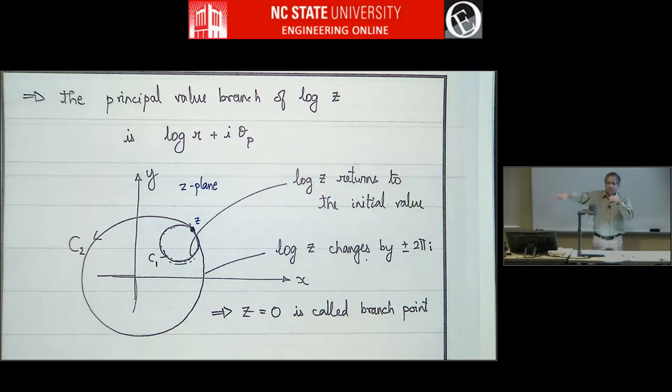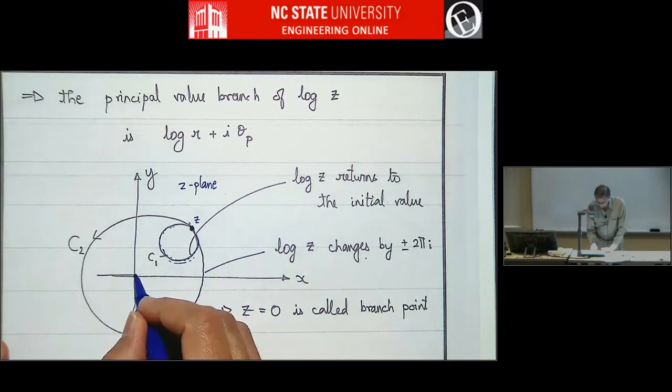So if you have a big road that's going in a helical shape and you're in one point of the road, if you don't cross the origin, if you just make a circle by walking or something, you will come back to the same place, right? But if you walk around the central pillar, you'll go up 1. And if you walk around the next pillar, you'll go up another. So log z is kind of like that. So this point is called a branch point.